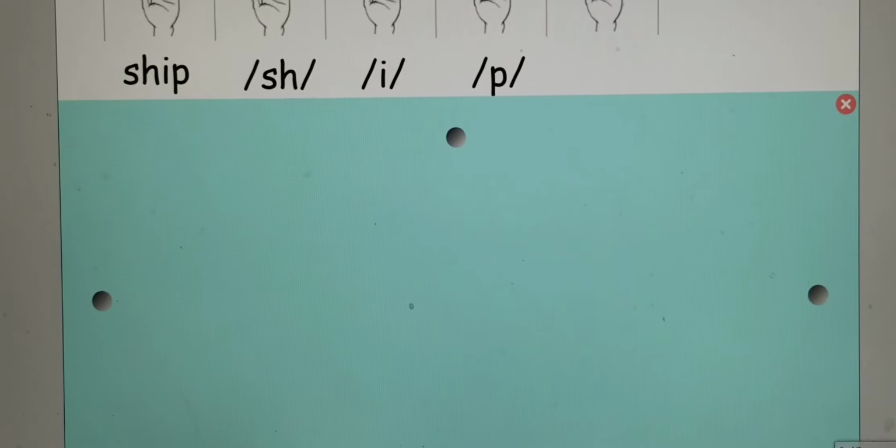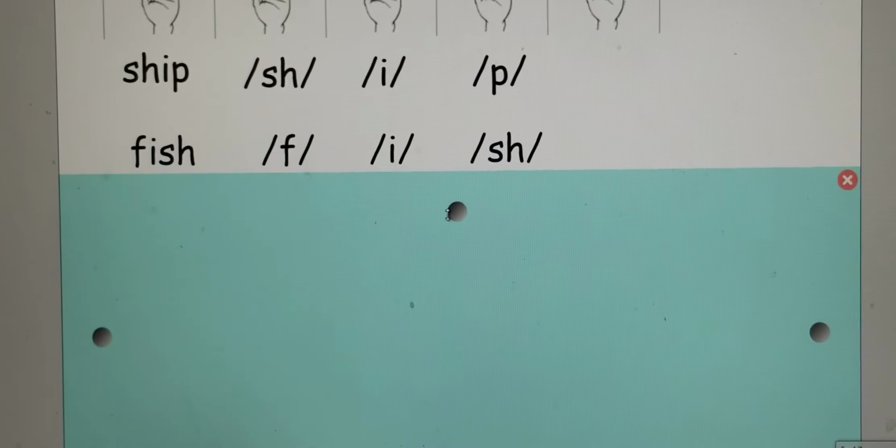Shh. Eh. You know what letter this is. That's right. And what sound does it make? The p sound. So let's try it together. Ready? Ship. Ship. That's right, boys and girls. Ship. And you know what a ship is? A very large boat. Let's try the next one.